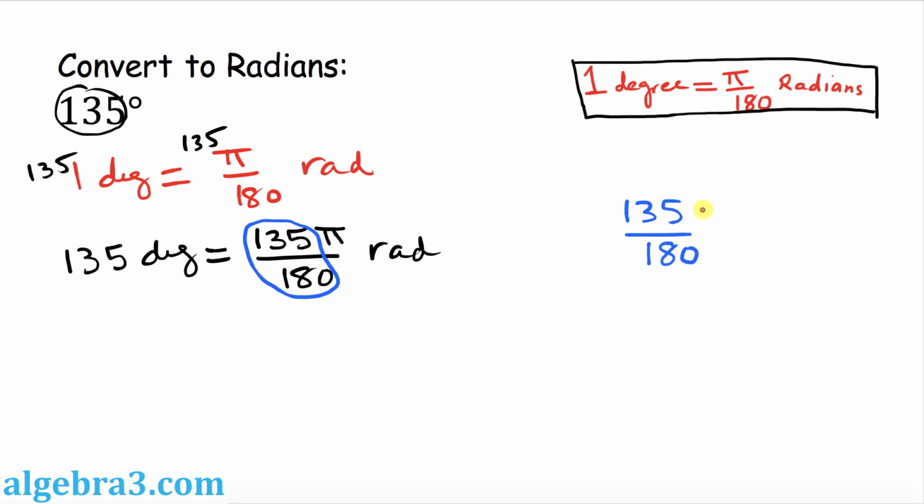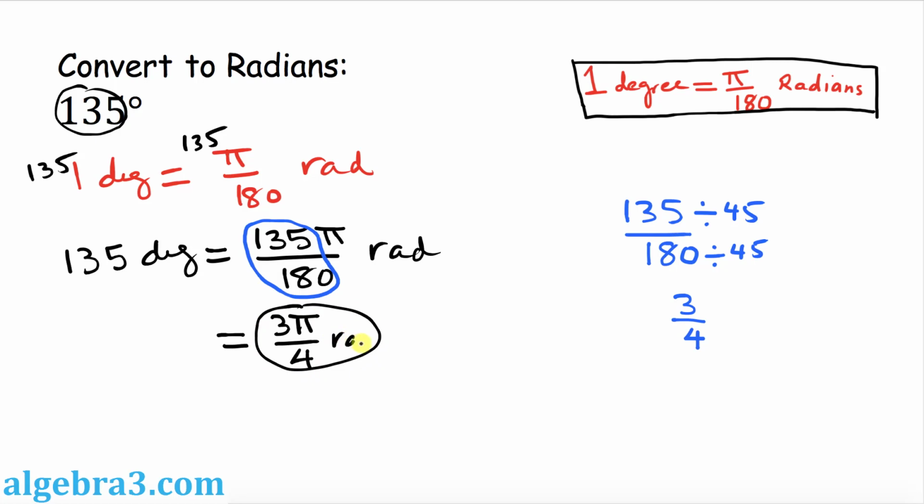You can see that if you divide this by 45 and you divide this one by 45, we're going to get what? 3 over 4. That's our reduced fraction. So I can write this as 3 pi over 4 radians, and that is our answer.